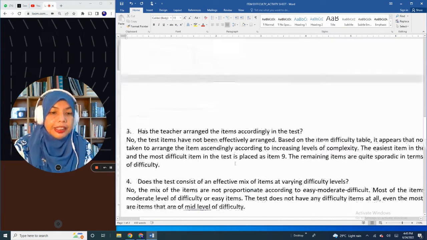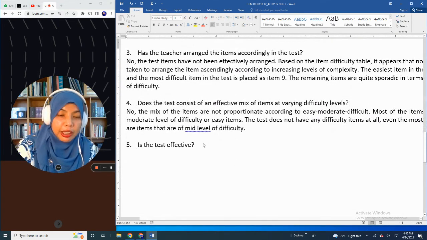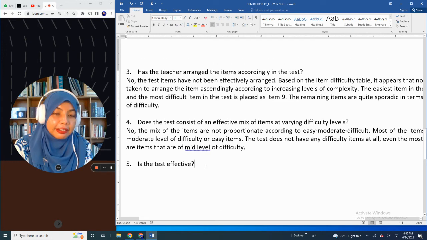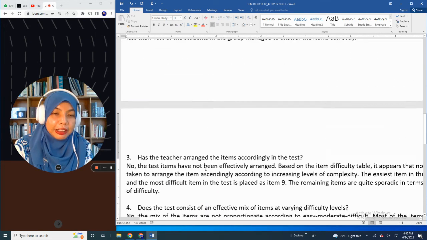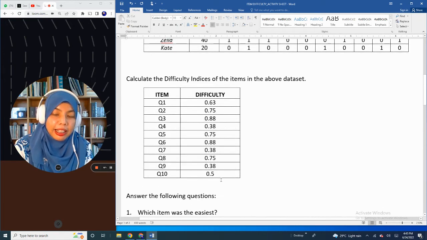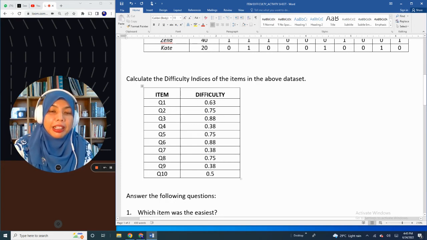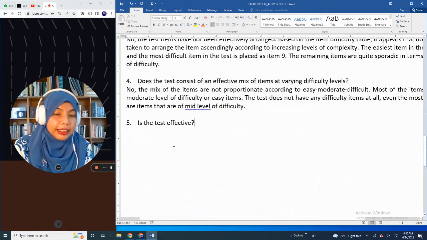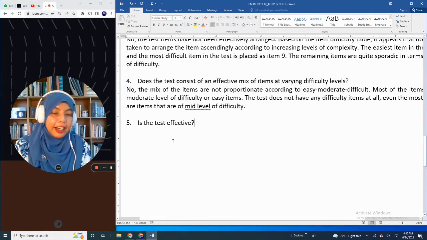All right, so let's move on to the final question. This is sort of a conclusion that you need to make based on all of this information you have presented, as well as your general conclusion of difficulty indices in this particular test. Is the test effective? There are several ways to answer this.